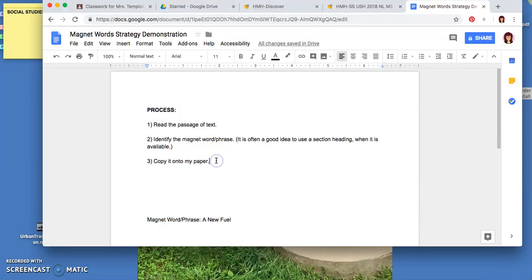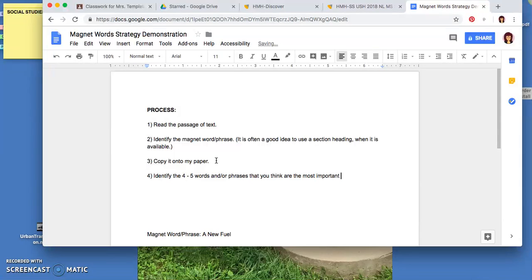So after you've copied down your magnet word, you want to identify the 4 to 5 words and or phrases that you think are the most important ones having to do with the magnet word or phrase.